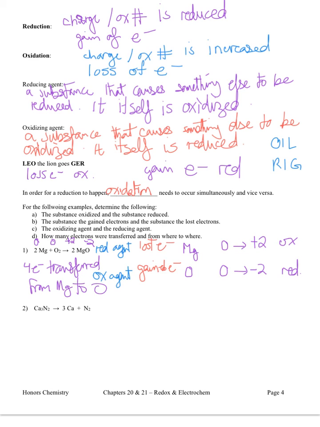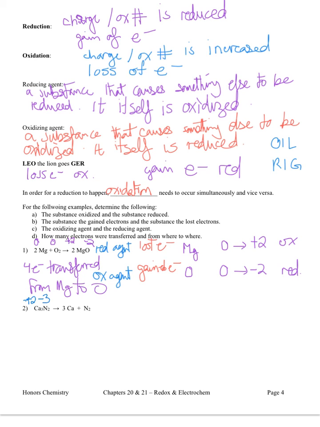So calcium here is in a compound, and so its oxidation number or oxidation state is +2. Let's look at the nitrogen in the calcium nitride. Well, there's no rule for nitrogen, but in order to make that compound neutral, each nitrogen there needs to be -3.